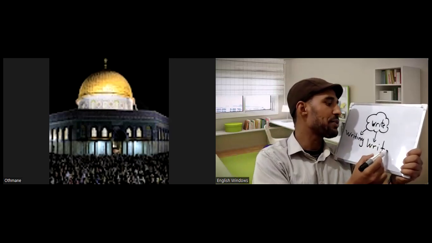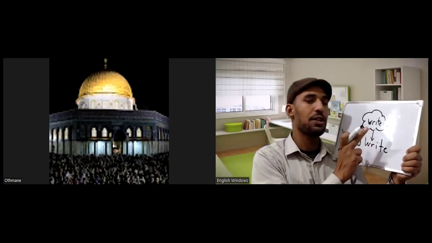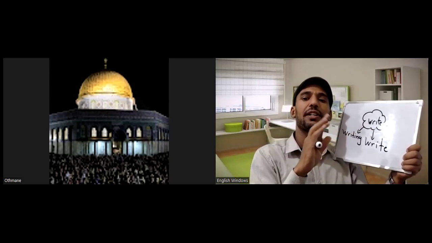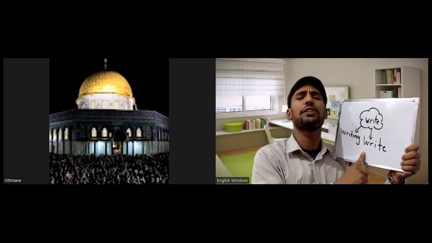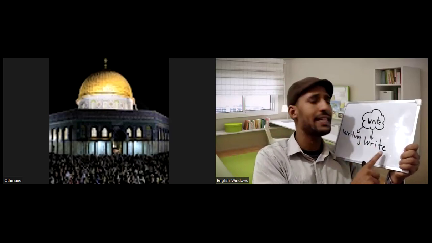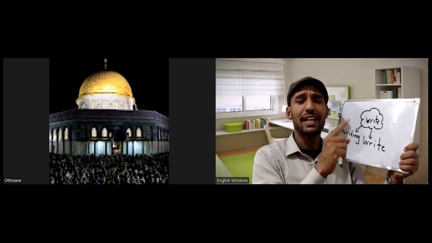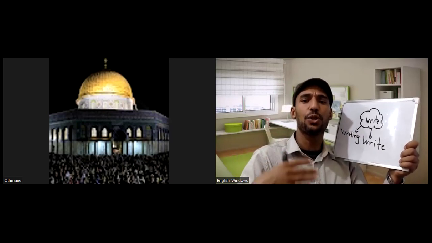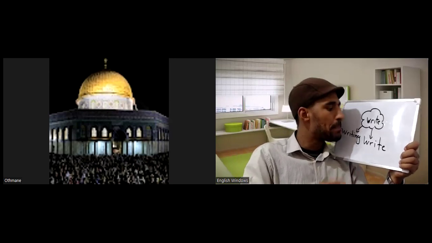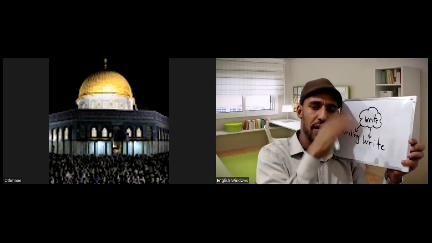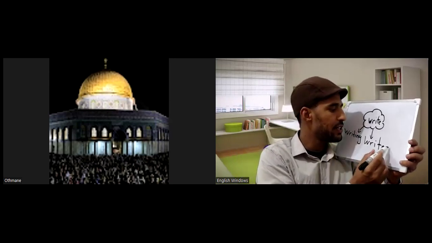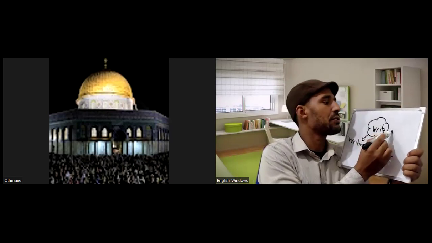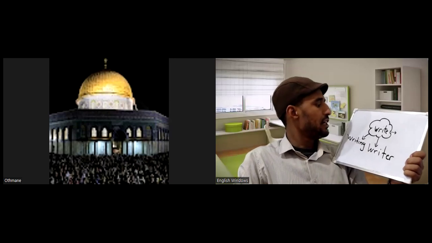So mostly in English, the person who does the action is derived from the verb by adding er. We add er to any verb and then we come up with the person who does the action, or the doer. But if we already have e, we add only r. So we say a writer, I mean the author, or someone who writes anyway.